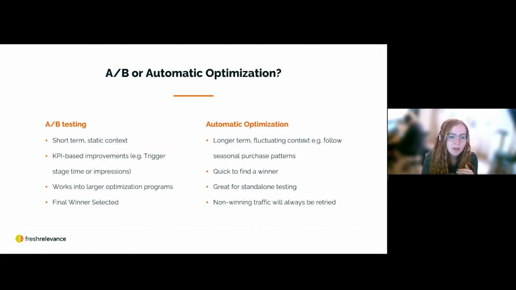So you get those effects really quickly, to the point where you can actually optimize within an email send, because those first people that open it are feeding the algorithm, the AI underneath, so that by the time the rest of the 90% of your audience, depending on send volumes, would then start seeing the winning content.